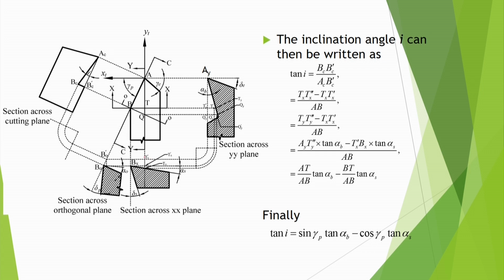This is the top view, and this one is Tx double dash on the top surface. This basically corresponds to the topmost point, and Tx is on the surface. So Tx double dash minus Tx dash, then we get this difference.